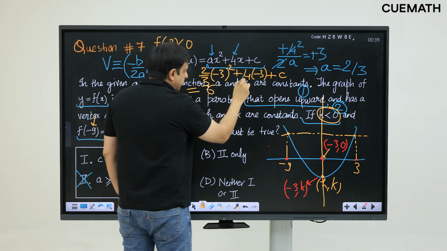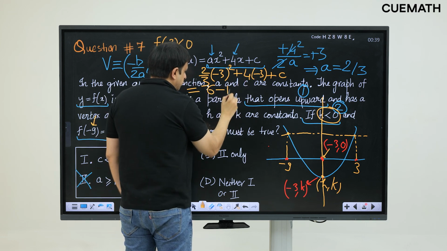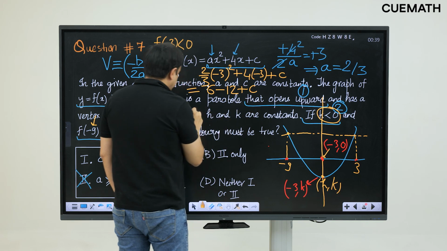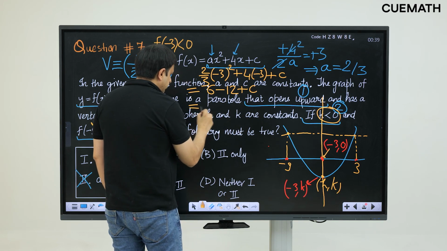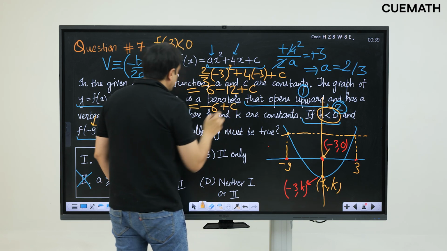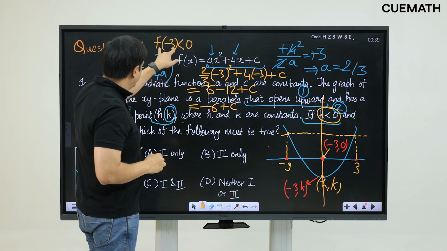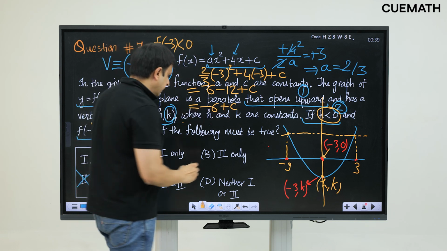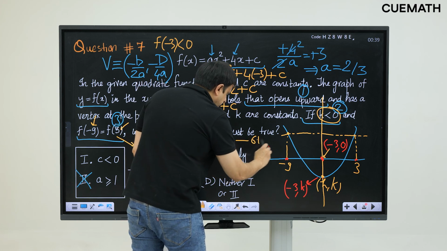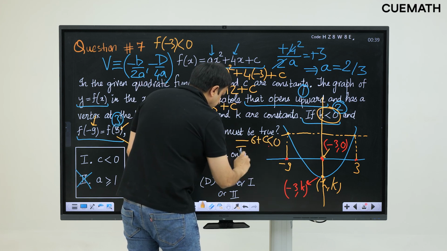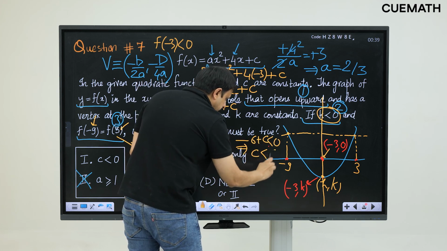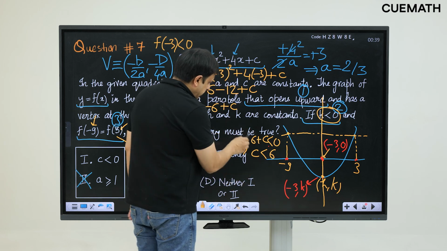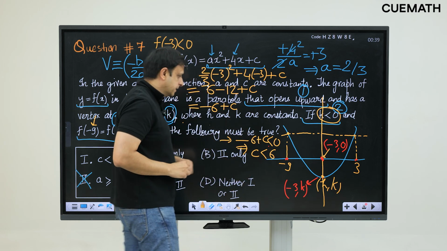Then I have 4 times -3, which is -12, plus c. So, 6 minus 12 is -6, so -6 plus c. What I found here is that f of -3, which is -6 plus c, should be negative, and that immediately tells me that c should be less than 6. If I add 6 on both sides, I get c is less than 6.